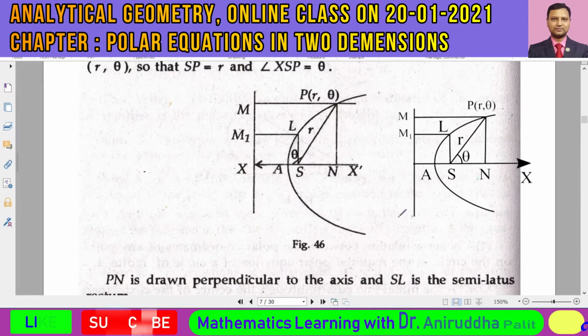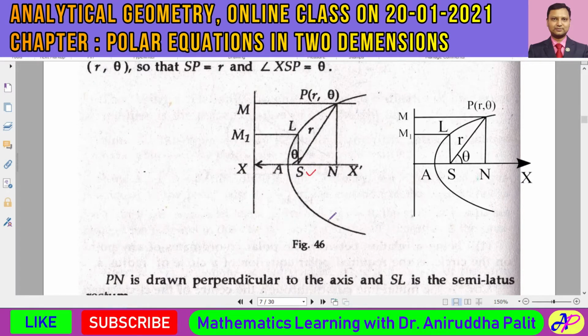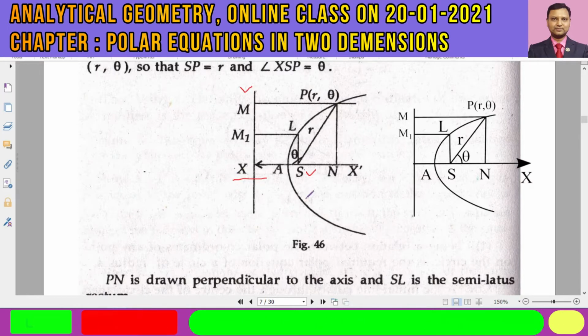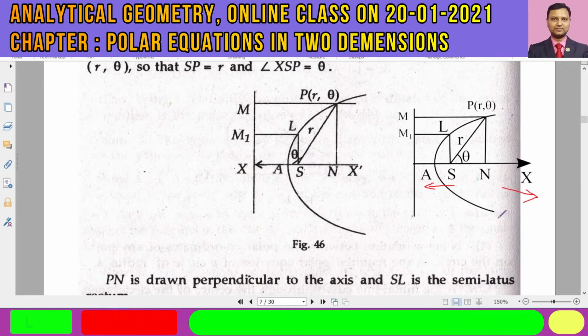But in the original picture of the book, with respect to this focus S, the directions of the directrix and the initial axis are the same. Again, with respect to S, in this picture the direction of the directrix and the direction of the initial axis are opposite.